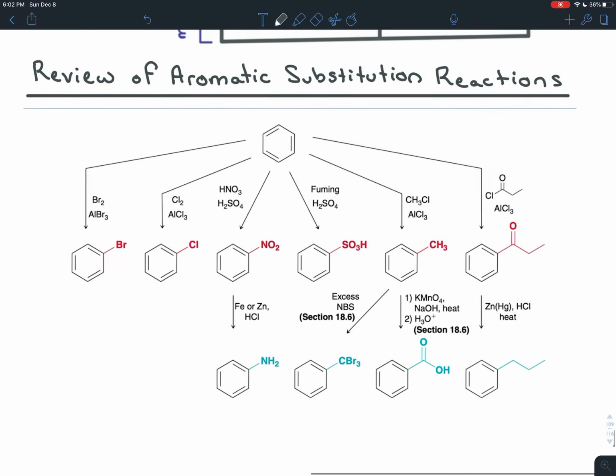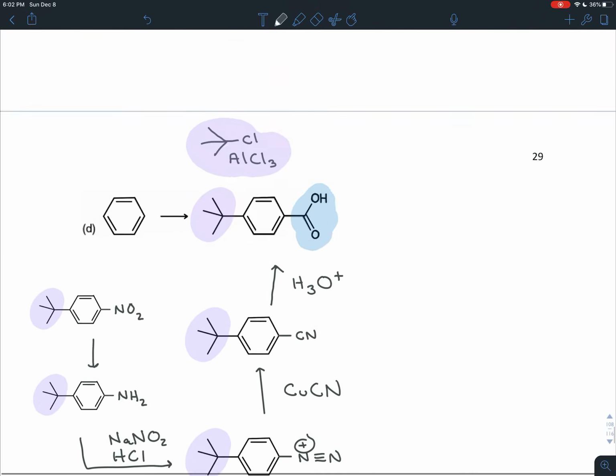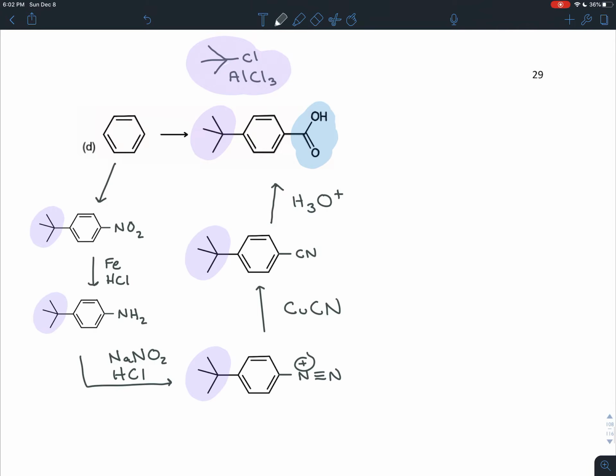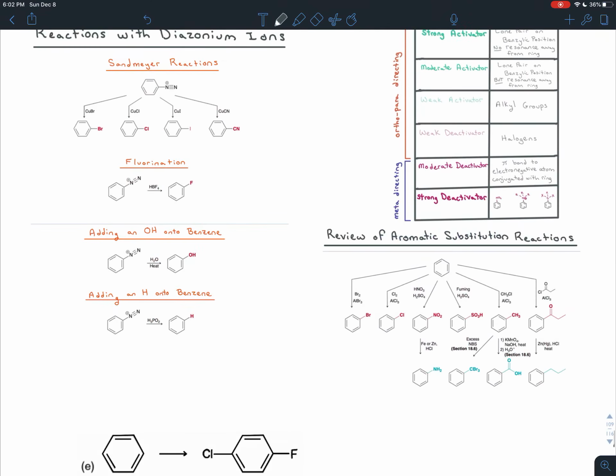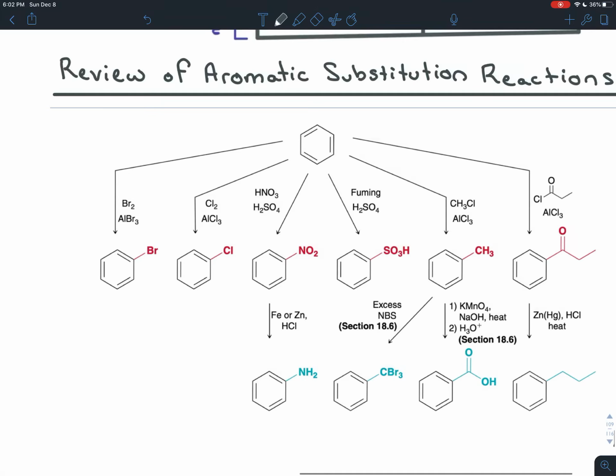You could also use zinc and HCl, but iron and HCl would accomplish that transformation. So if we treat this with iron and HCl, the nitro group will turn into a primary amine. But how do we get the nitro group on there? The way you get the nitro group is nitration, and that involves nitric acid in sulfuric acid. And that's in this review of the previous reactions also.